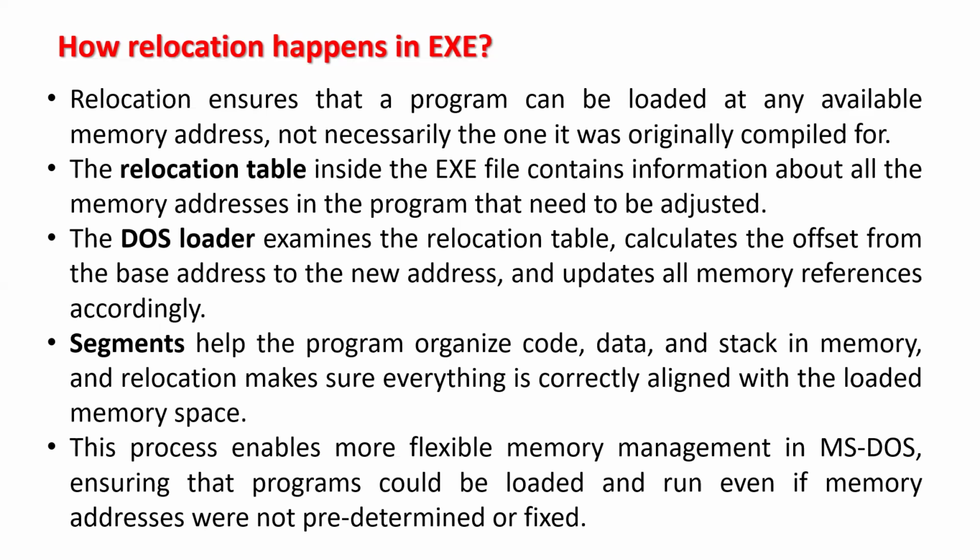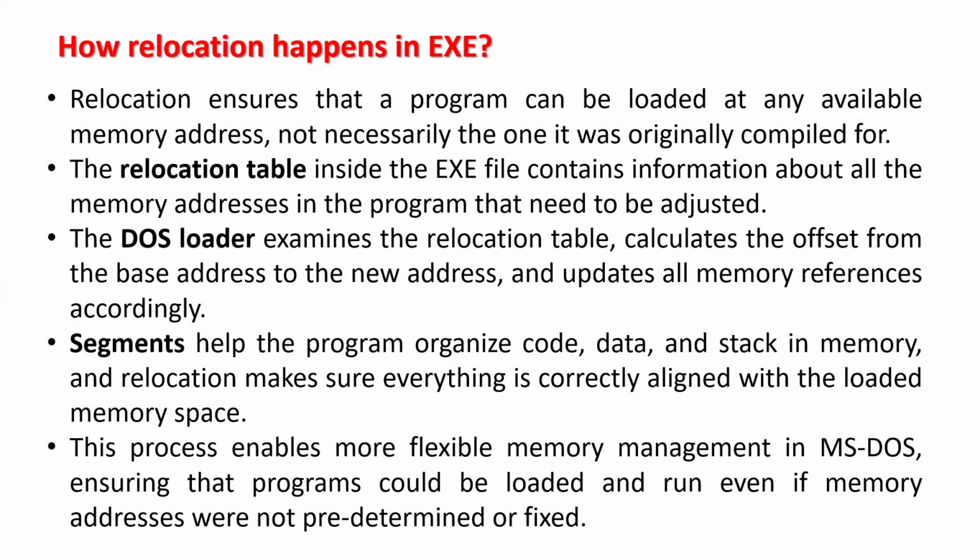Now, this relocation table contains offset values. We know offsets are the addresses within the EXE file where references to memory addresses exist. The other part is addresses to be relocated.